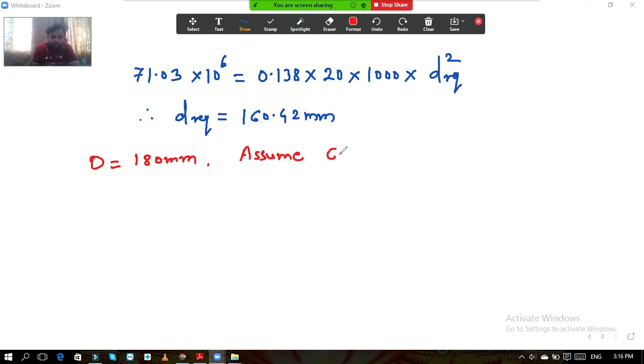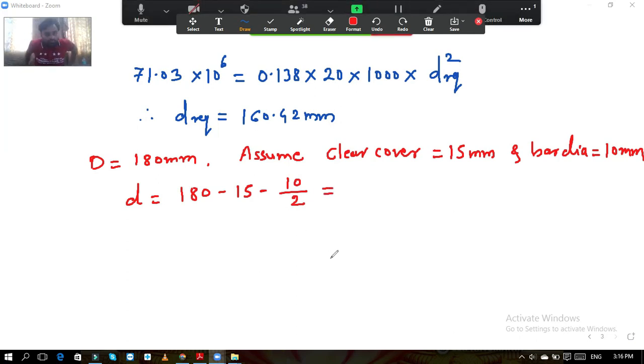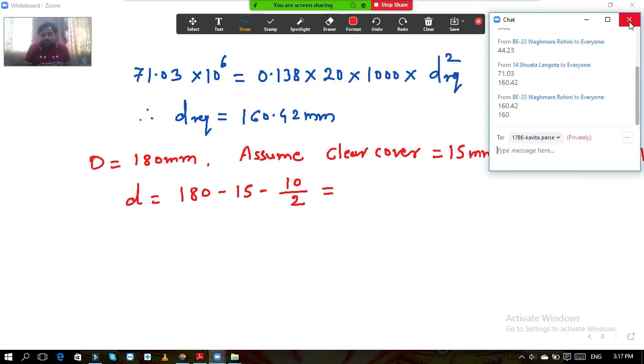So if I assume clear cover is equal to 15 mm and bar diameter is equal to 10 mm, then small d is equal to what? 180 minus 15 minus 10 by 2, which is equal to, how much is it? 160.